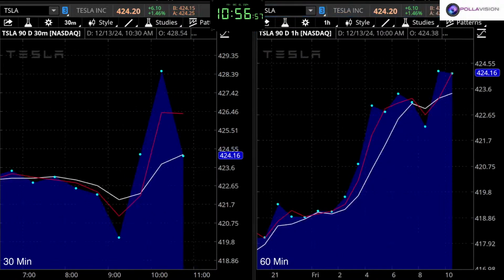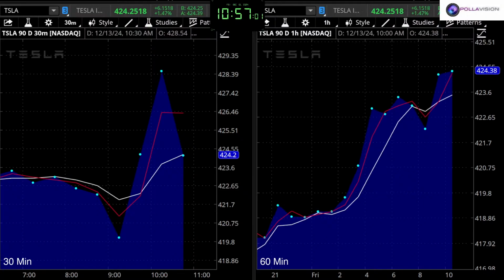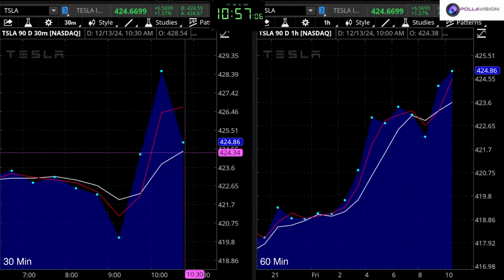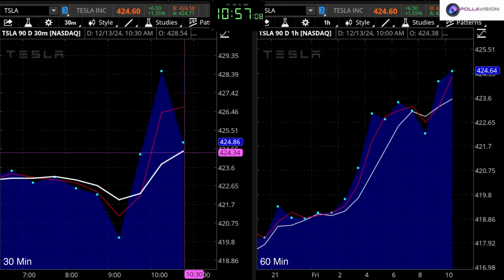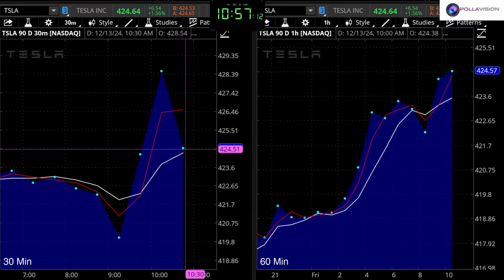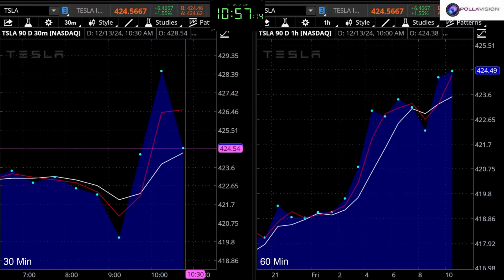Let's look at the 30 and the 60 again. And now we can see the 30 is sitting and living at the 4. We're coming up on the top of the hour in 3 minutes. 3 minutes is critical for direction because it's going to be a new hour and a new 30-minute chart.